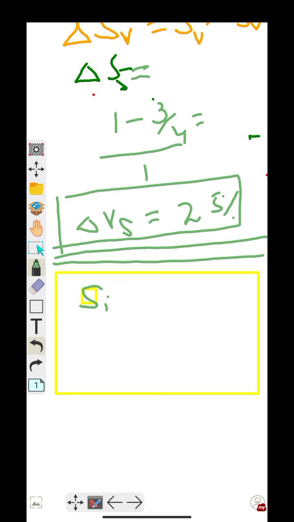The current sensitivity is NAB upon K, and in the question it is said that you want to increase it by 25%. So delta SI is equal to 25% of the previous sensitivity, that is SI.